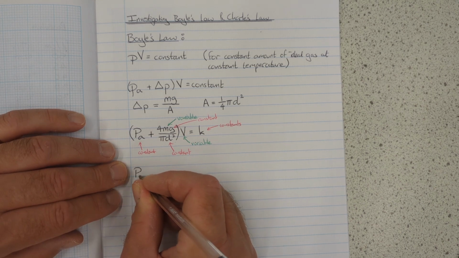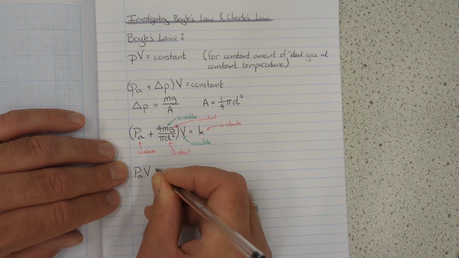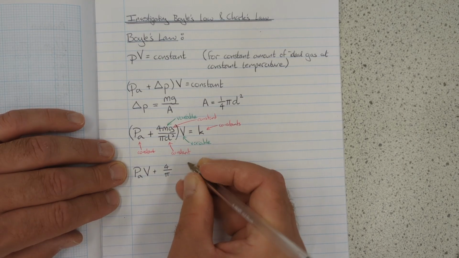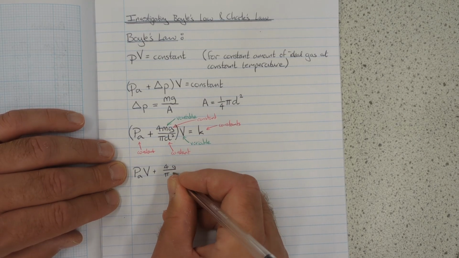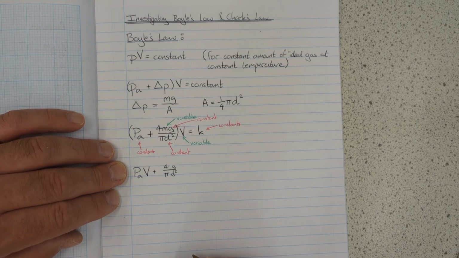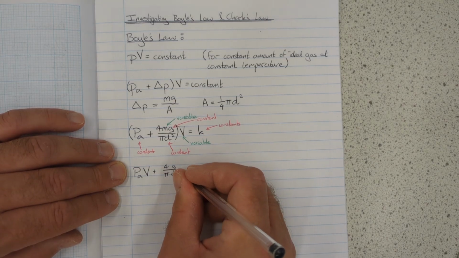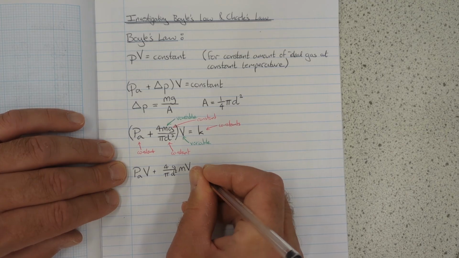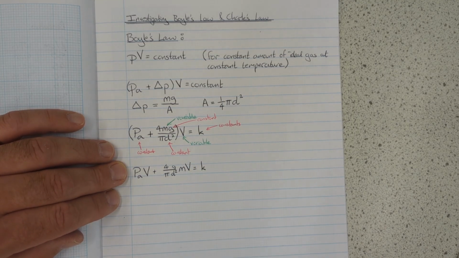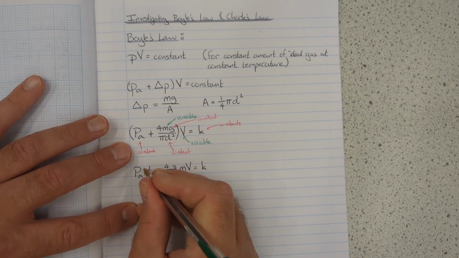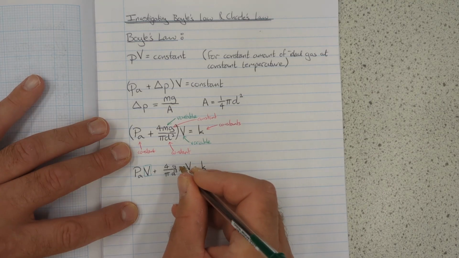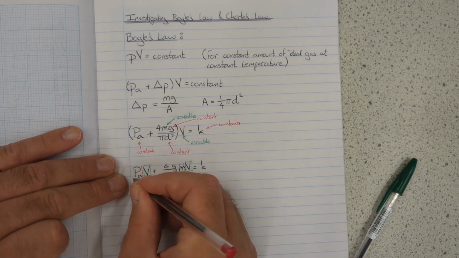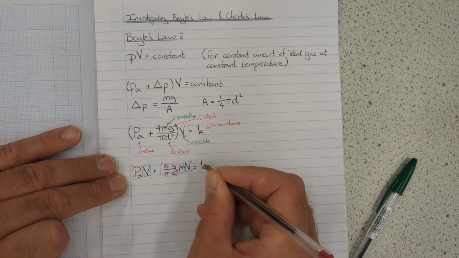So we end up with atmospheric pressure multiplied by the volume plus 4 pi, let's put g over d squared, because that's going to be a constant, multiplied by m and multiplied by v is going to be equal to k. Now that is currently in the form variable here, variable here, variable here, and everything else is constant.